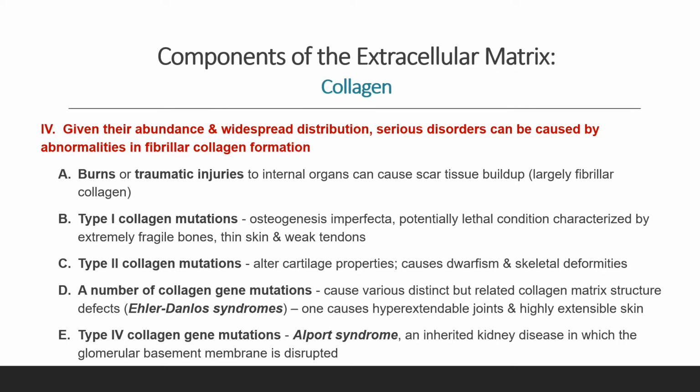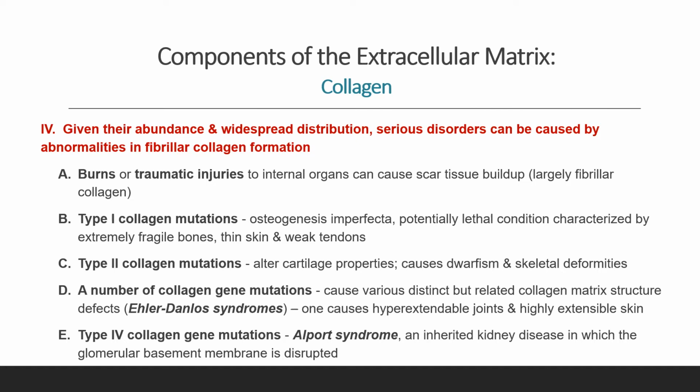But if you have an abnormal amount of fibrillar collagen in your body, of course, wound healing wouldn't start so easily. Okay? Because these fibrillar networks are the ones patching up and closing the wounds that can result from burns or traumatic injuries.